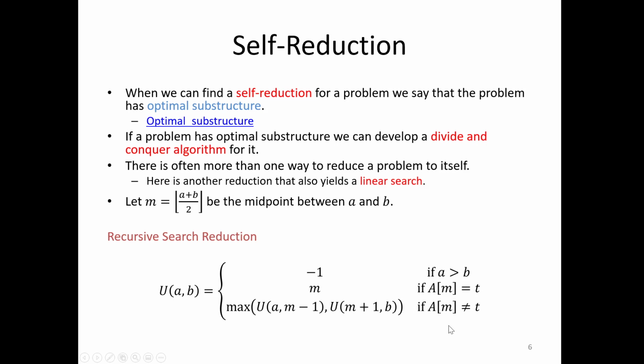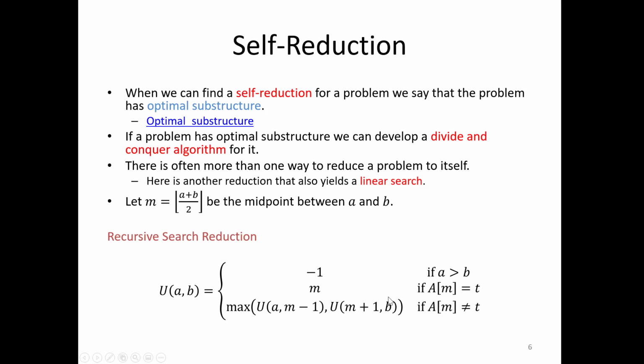Otherwise, if we don't find it, we still have to search the remaining of the list, but because we looked at the middle element, we now have a left half of the list and a right half of the list that we need to look at. So here I've got this recursive call, or this subproblem, that says go look in the left half of the list and see if it's there.